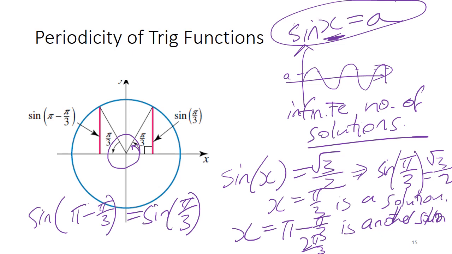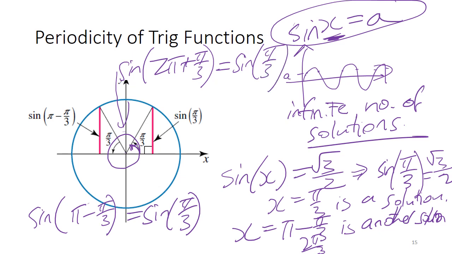So my angle could be this whole thing and then pi over 3. If I take the sine of 2 pi plus pi over 3, I'm going to get the same thing as sine of pi over 3, which means 2 pi plus pi over 3 is another solution.